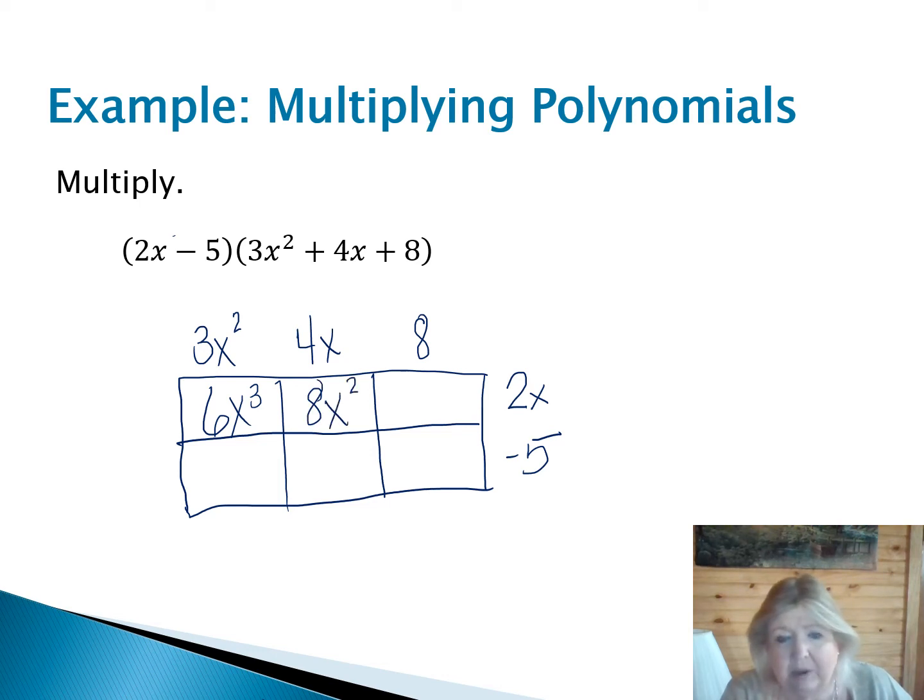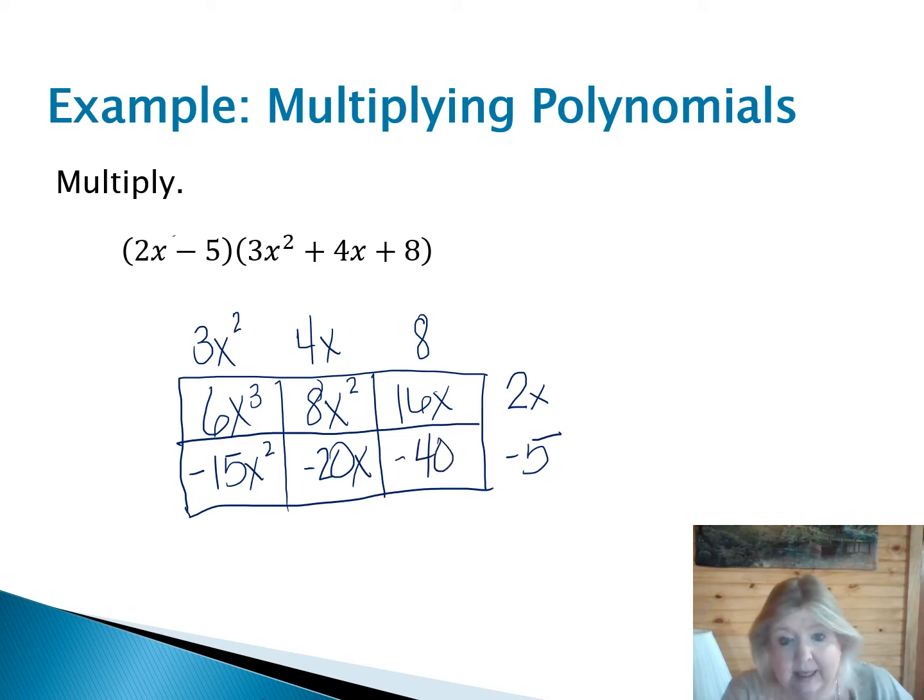Same for the next box. 8 times 2x is 16x. 3x squared times negative 5 is negative 15x squared. 4x times negative 5 is negative 20x. And 8 times negative 5 is negative 40.